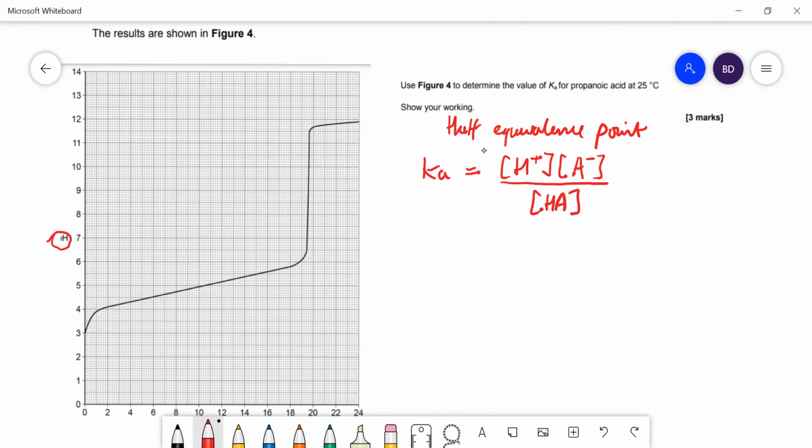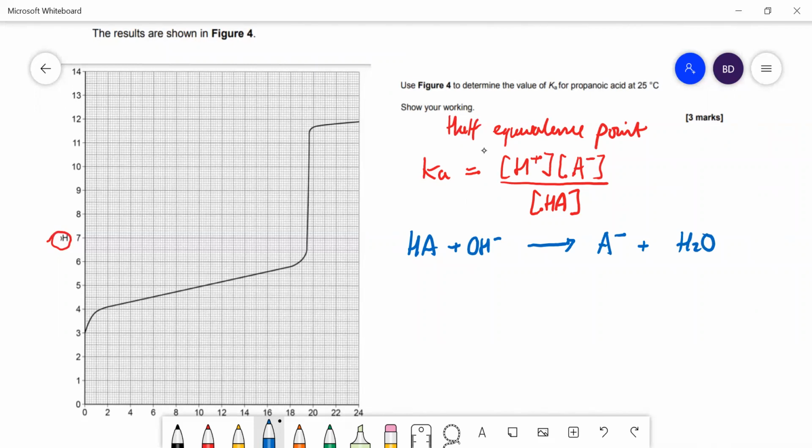Now let's see what happens during neutralization. We've got HA plus OH minus goes to A minus and H2O.